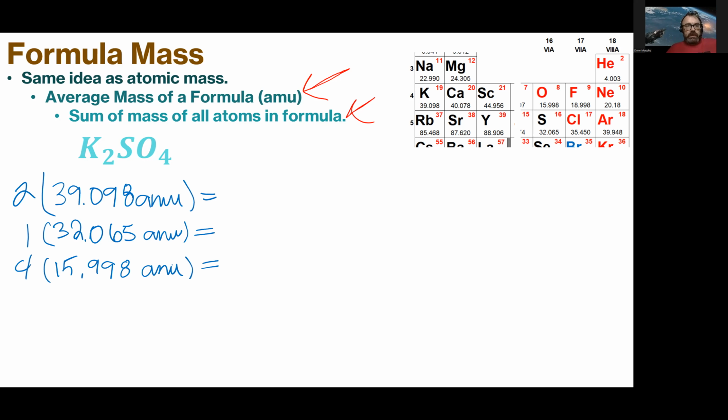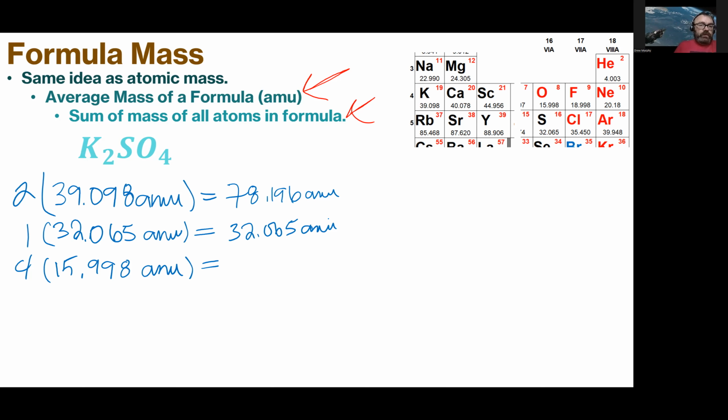All right, so we're going to multiply these out and write them down. 2 times 39.098 is 78.196 AMU. Remember, this mass is data, not exact, so the significant figures matter there. The number we're multiplying by is exact, so we don't have to worry about it. This is times 1, so it's just 32.065.